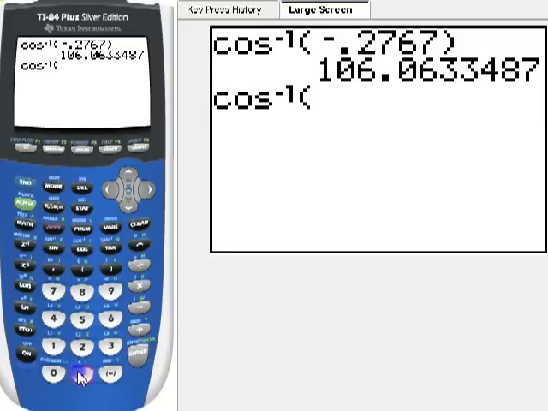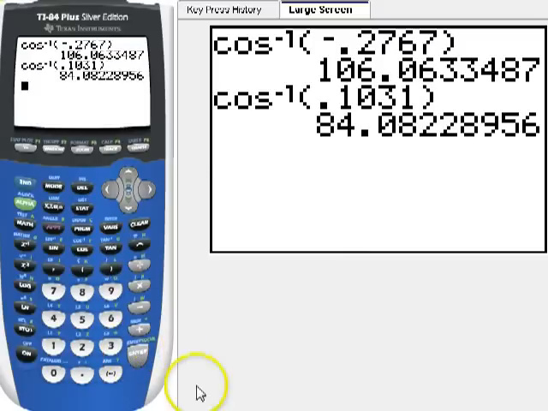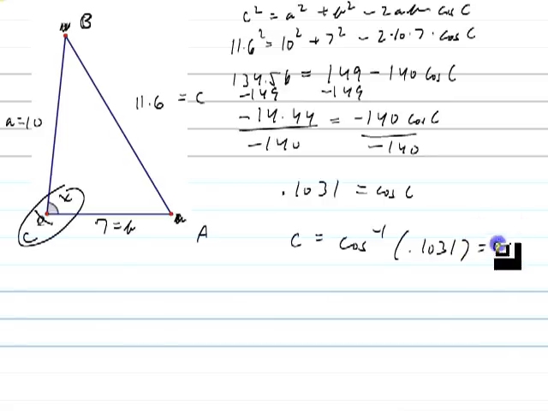Cosine inverse of 0.1031 ends up becoming 84.1 degrees. Which is the answer to that question.